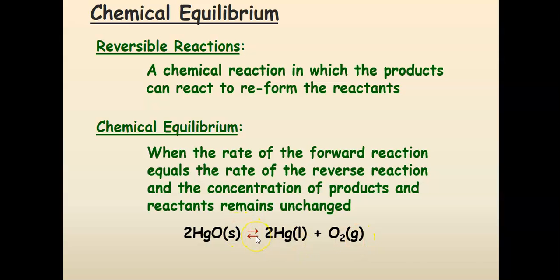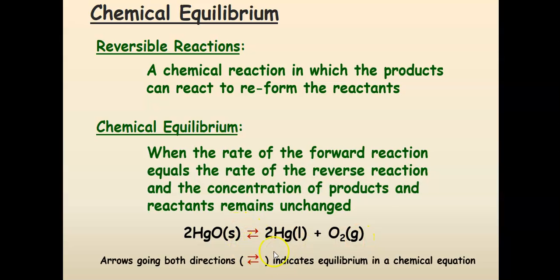Now this sign is what we use to indicate equilibrium. 2 arrows, one going forward, one backward. That means when this substance breaks down to form mercury and oxygen, this also combines again to form mercury oxide, and it goes on and on forever until the equilibrium is disturbed.